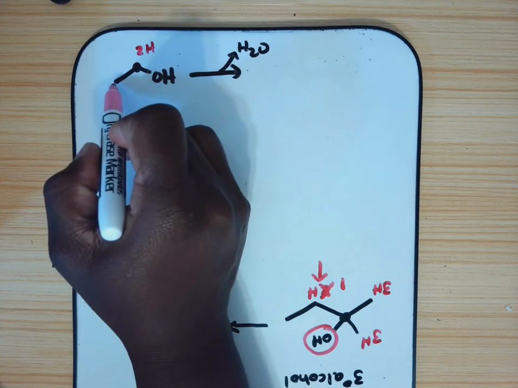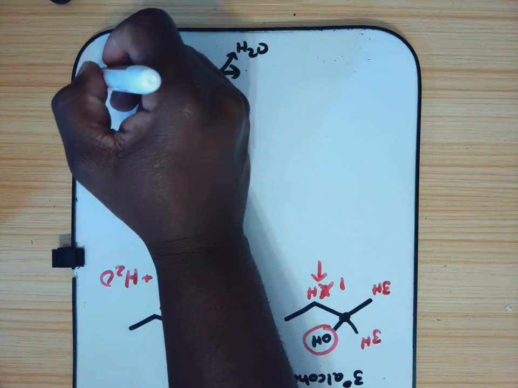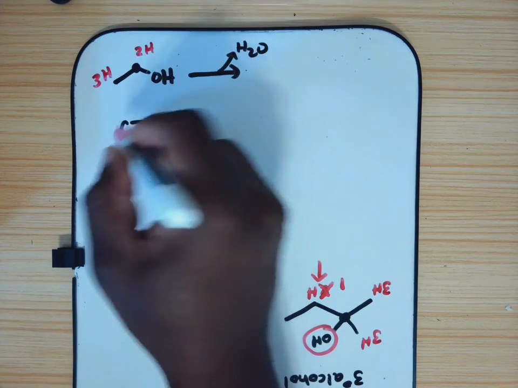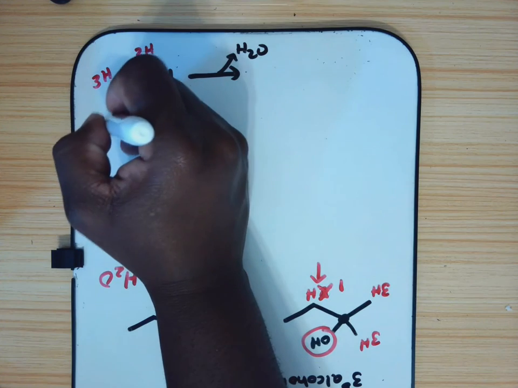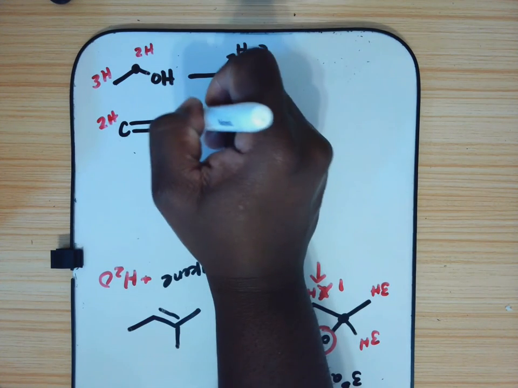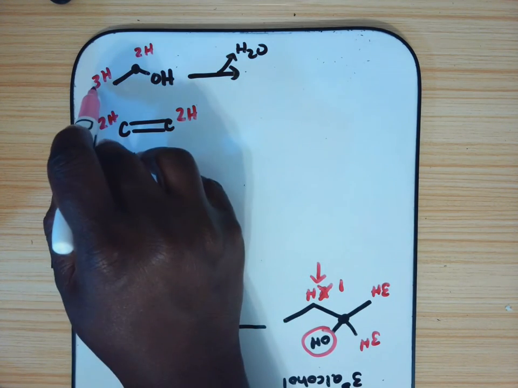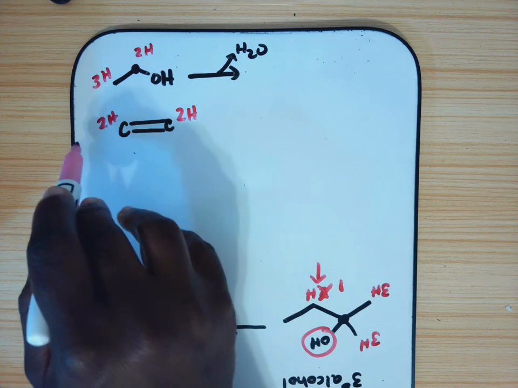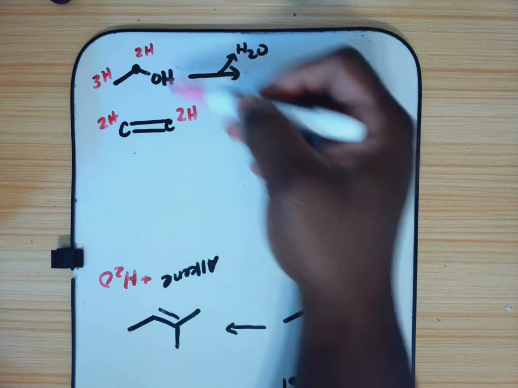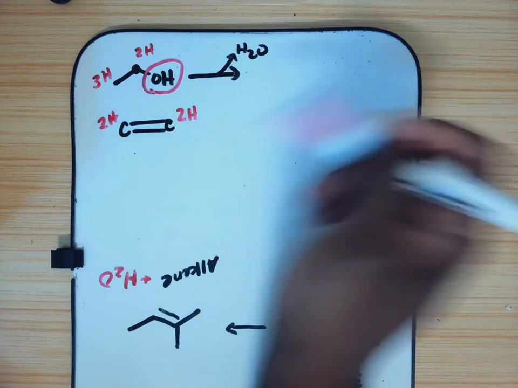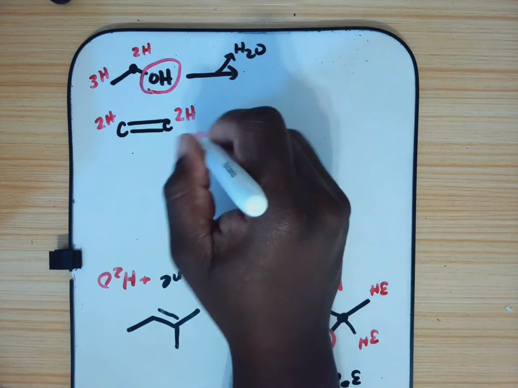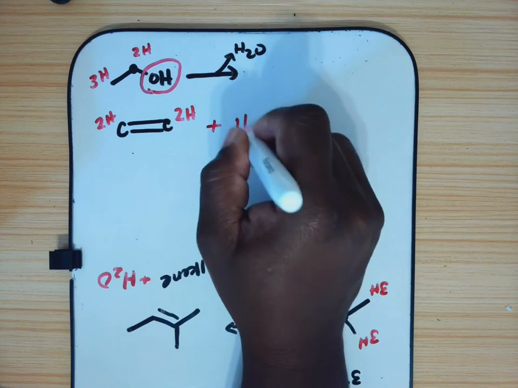This carbon had 1 bond, so there were initially 3 hydrogen. Now both carbon atoms have exactly 2 bonds, so each has 2 hydrogen. The carbon to the left simply lost the hydrogen, so it went from 3 to 2. The carbon to the right didn't lose any hydrogen, but instead it lost the OH. So in addition to this alkene, we also have water.